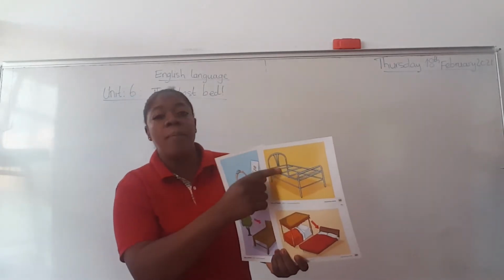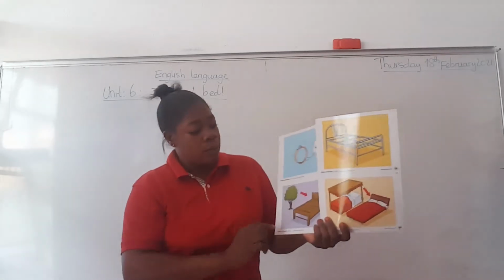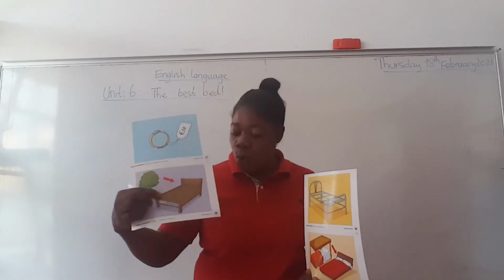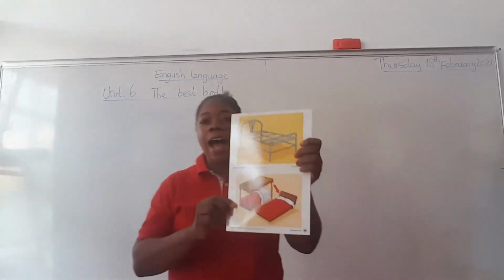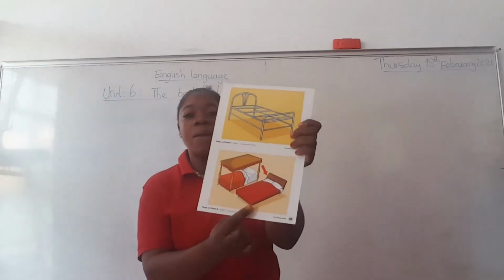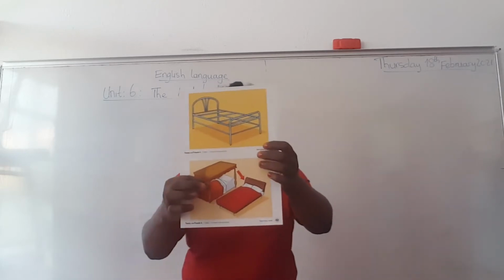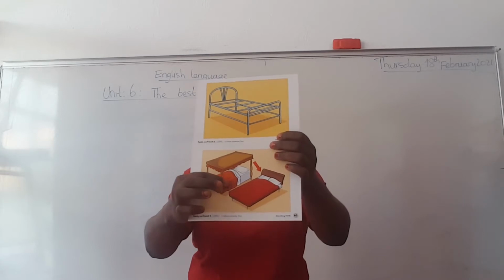A metal bed is a bed made out of iron, and a wooden bed is made up of wood. And we have modern. Everybody say modern. This is a modern bed.